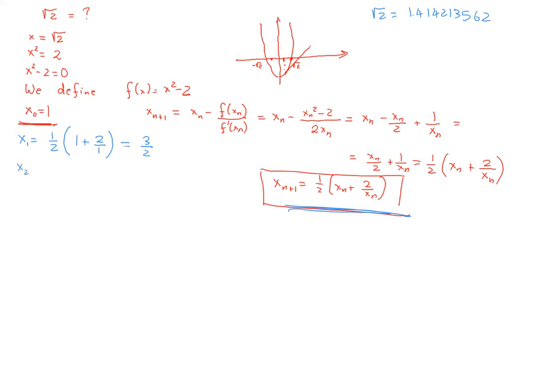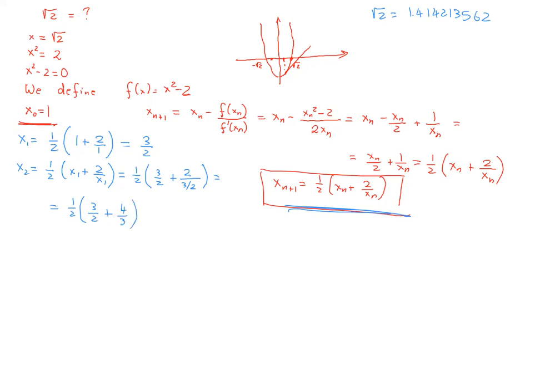So x2. Let's write it out so that you can see it. It will be 1/2 (x1 plus 2 over x1). And what is our x1 this time? It's equal to 3/2. So this is going to be 1 over 2 times (3/2 plus 2 over 3/2 on the denominator), which is equal to 1/2 (3/2 plus 4/3).